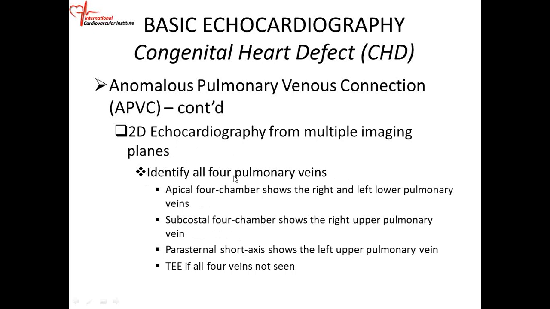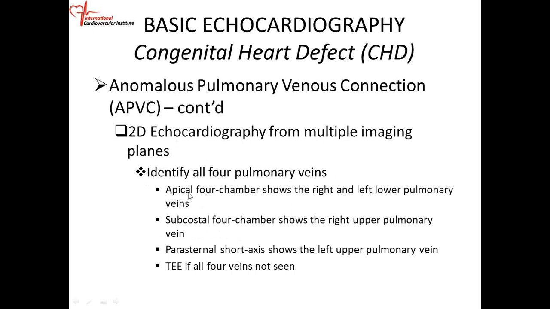So, how do you use echo to assist in this diagnosis? When you're doing your echo, you should identify all four pulmonary veins, because the patient is not going to come to you and say, well, I have anomalous pulmonary venous connection. So you have to identify that all four pulmonary veins drain into the left atrium.